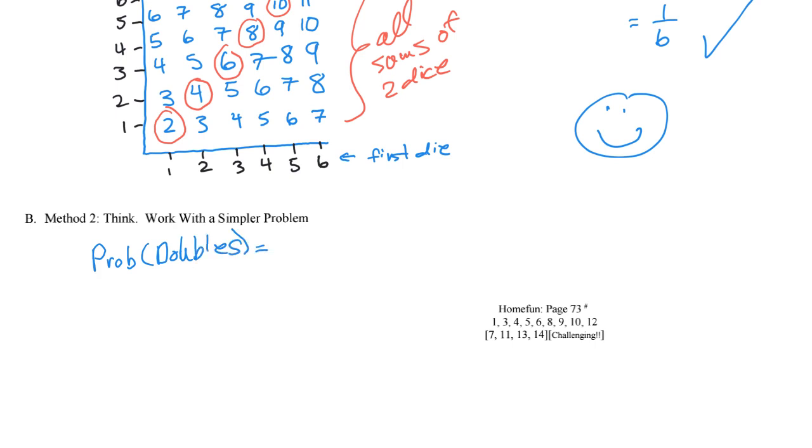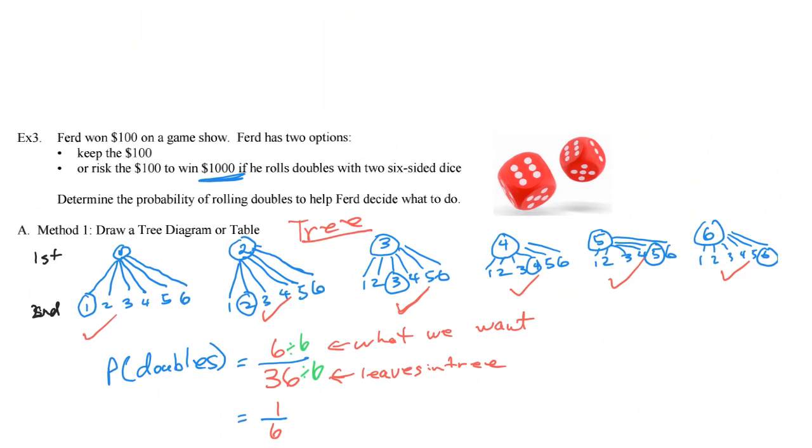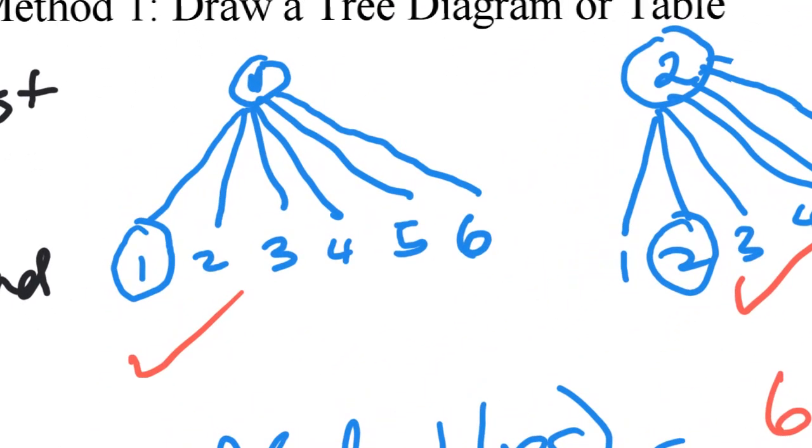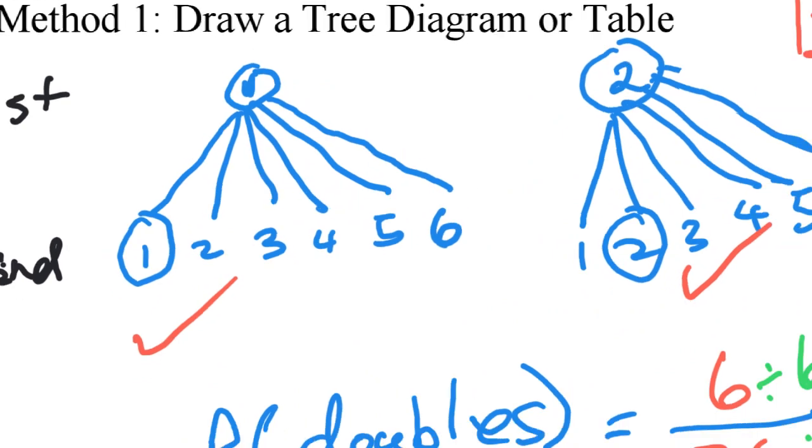We can think of it as the probability that the second die is the first. Isn't that what our trees are saying? The first die and the second die are the same. The first die is chosen, and then we get the second die.